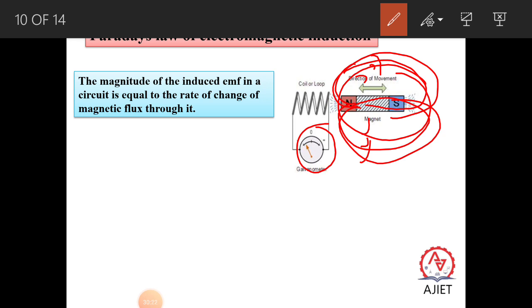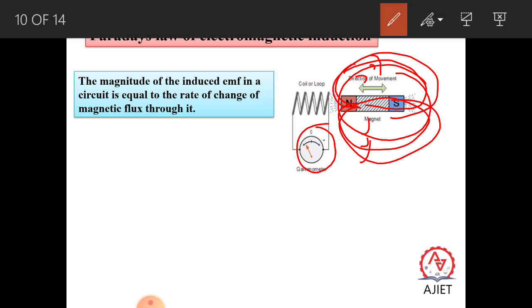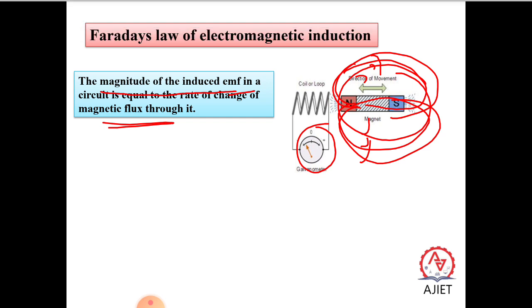Further, when you move the magnet with respect to the coil, more and more current will be generated. That tells you that the magnitude of the induced EMF in a circuit is equal to the rate of change of magnetic flux. The more you change the magnetic flux, the more EMF is induced in the coil.